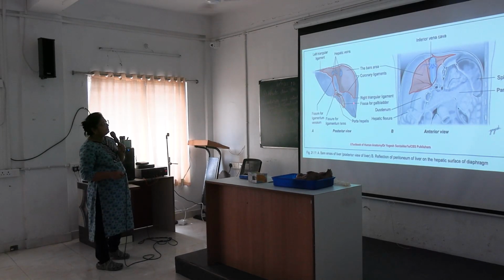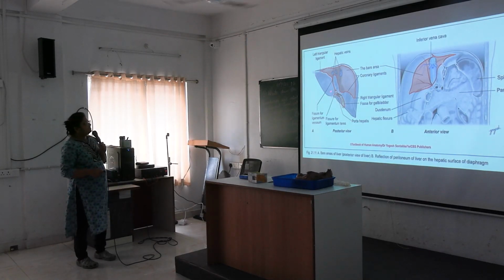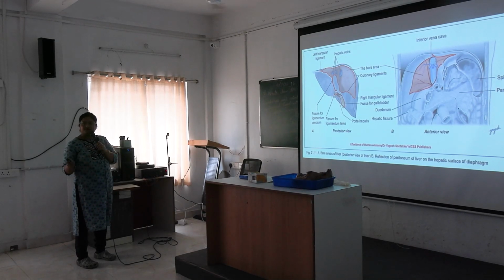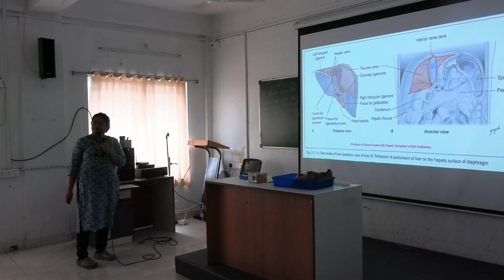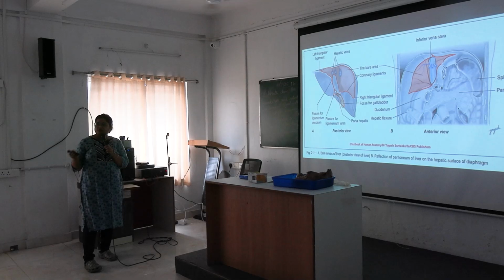Here this red colored marked area is the bare area. Here is the porta hepatis, the floor of the fossa for ligamentum teres, and the floor of the fissure for ligamentum venosum. Gallbladder fossa, the bare area, groove for inferior vena cava, and some part here on the left lobe. In these areas peritoneum is absent.